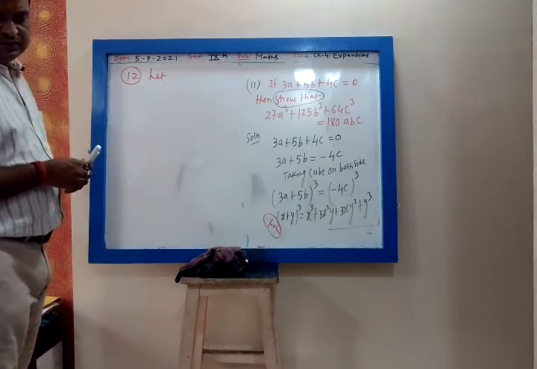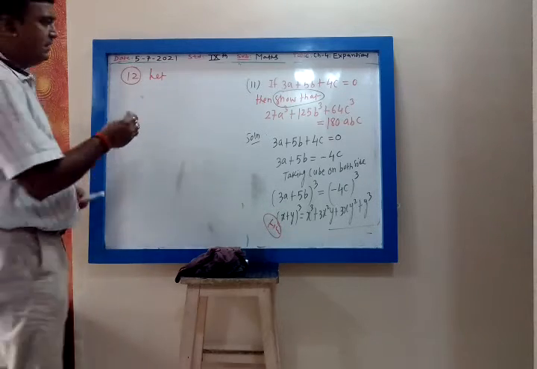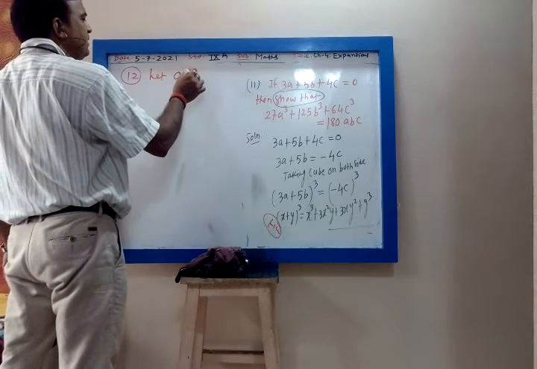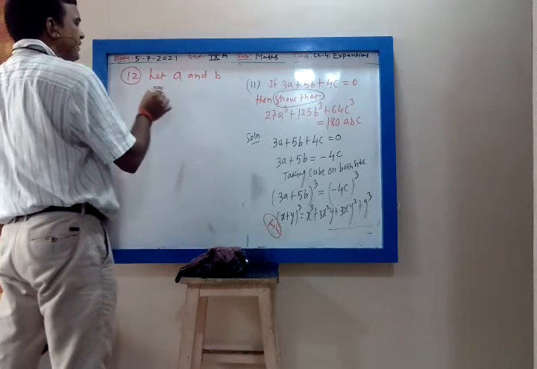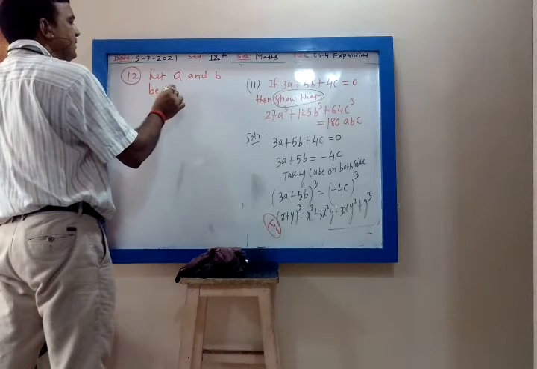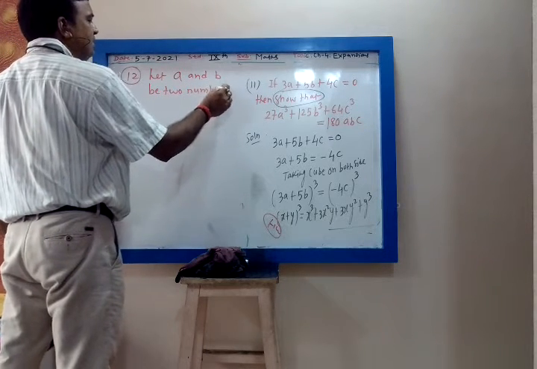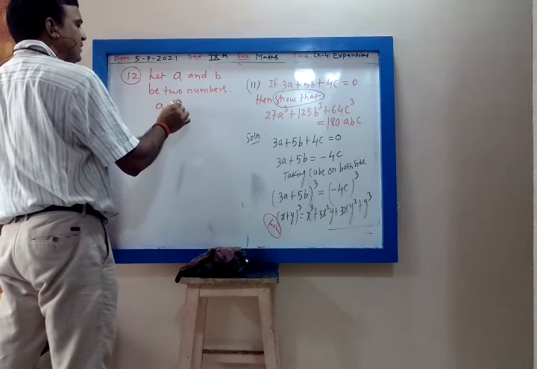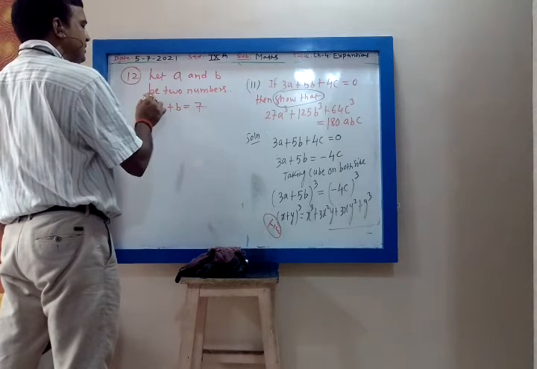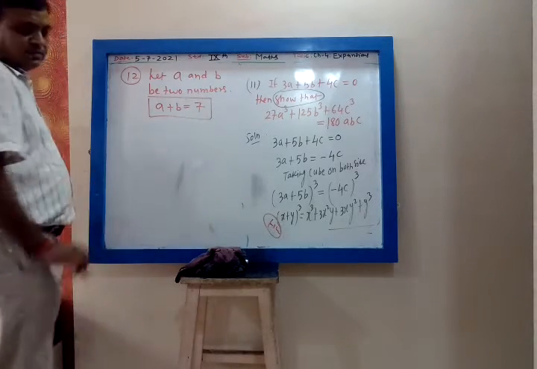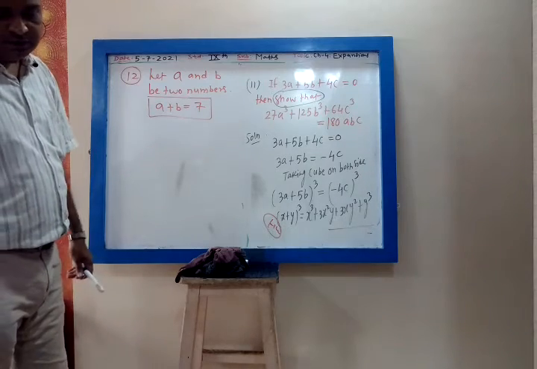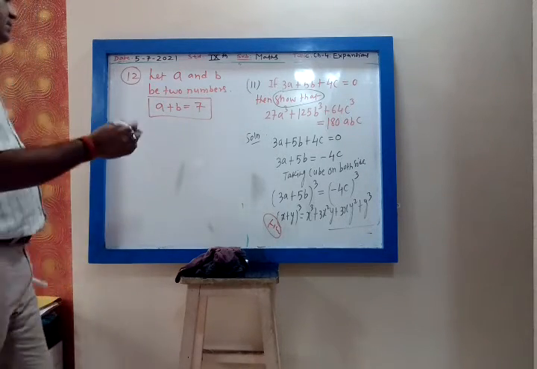So the sum of two numbers is 7. Let a and b be the two numbers. The sum of two numbers is 7, means a plus b is 7. Then the sum of their cubes is 133.